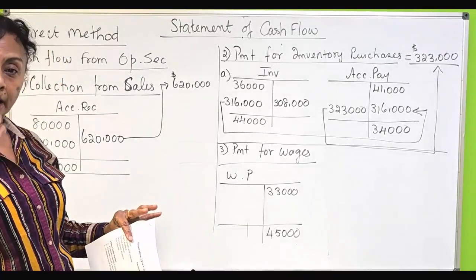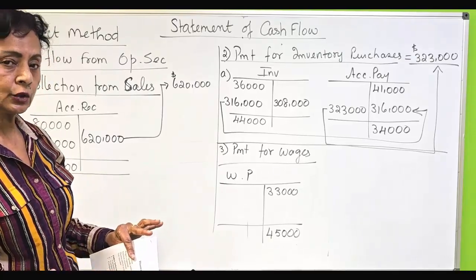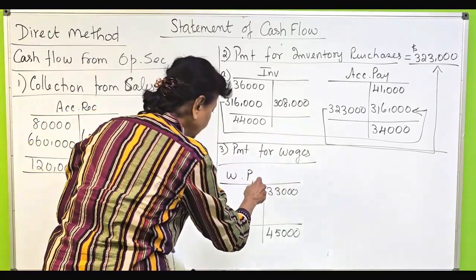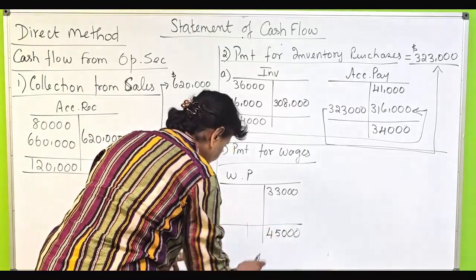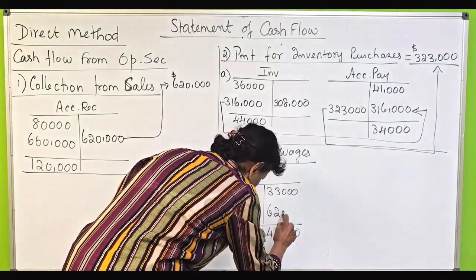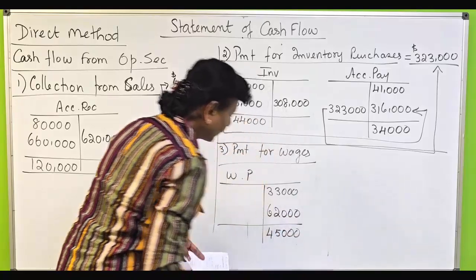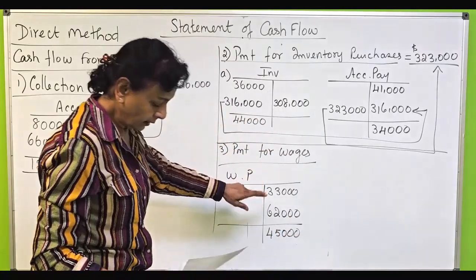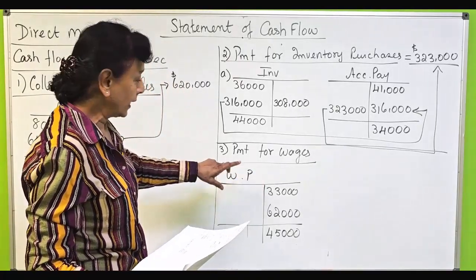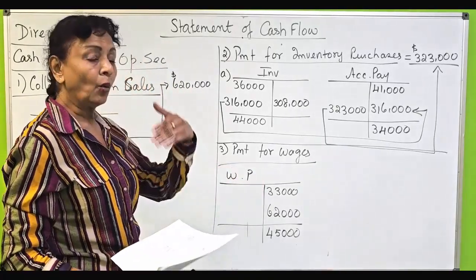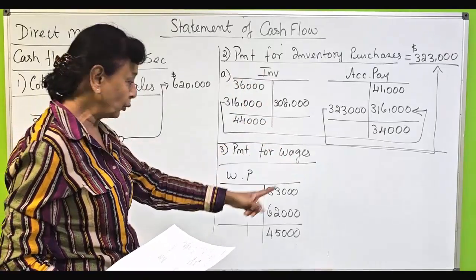So when they incurred this $62,000 wage expense, they would have credited the wages payable by $62,000. If you analyze this, how much of the wages payable they must have paid? Whatever they paid out of the wages payable would have been debited.